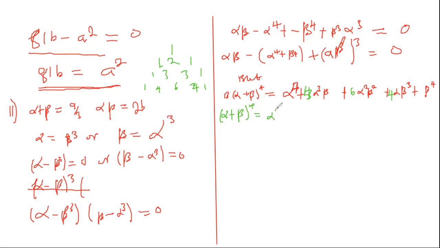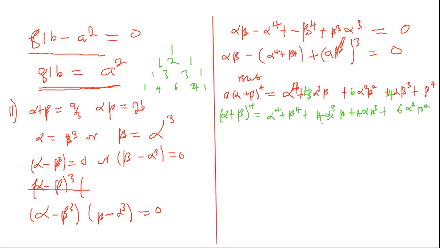So alpha to power 4 plus beta to power 4, which we need. Then plus 4 alpha cubed beta, plus 4 alpha beta cubed, then plus 6 alpha squared beta squared.